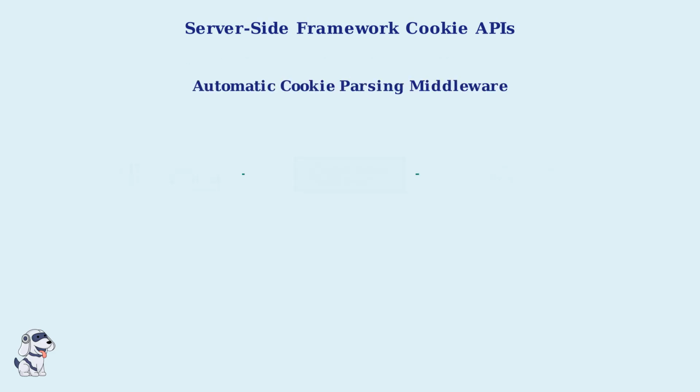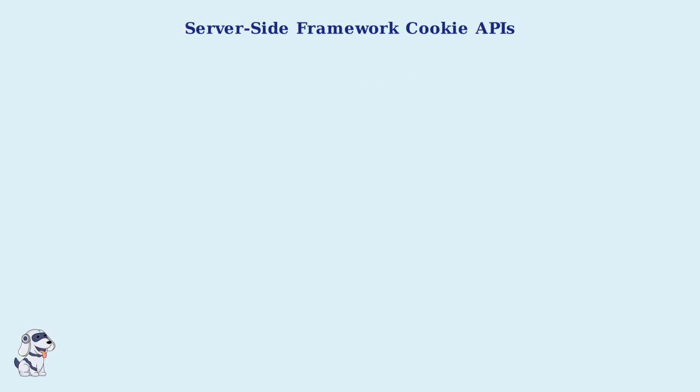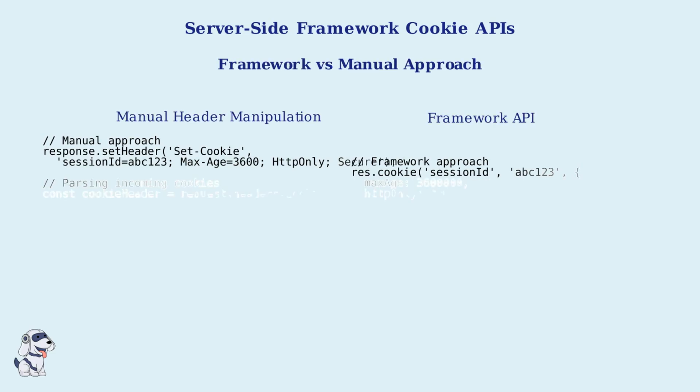The key advantage of these frameworks is middleware support. Middleware components automatically parse incoming cookie headers and make them available as convenient objects, eliminating manual header parsing entirely. Compare this framework approach to manual header manipulation.